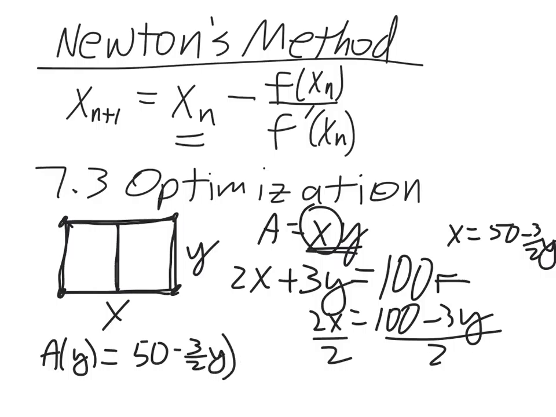You have x times y, and to make this as easy as we can, multiply the y through: 50y minus 3 halves y squared. Then it's a matter of finding the maximum of that function.